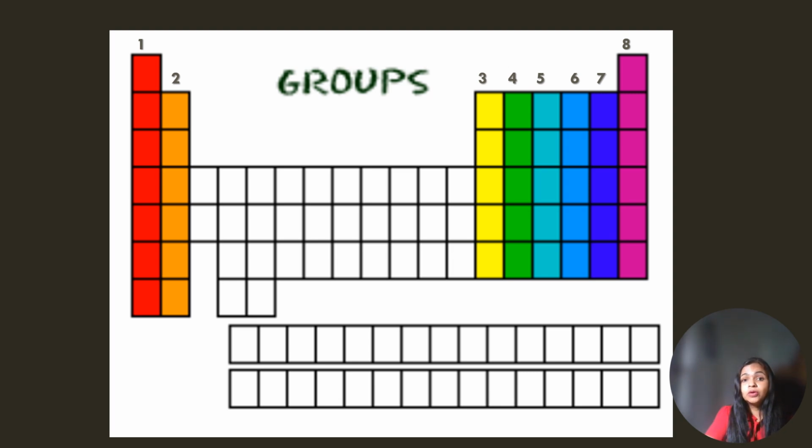The nitrogen family belongs to group 5A. All the elements will have 5 valence electrons. Then we have the oxygen family. All the elements present in this group with oxygen will have 6 valence electrons. Then a special group here, 7A, all the halogens, fluorine, chlorine, bromine, iodine, will all have 7 valence electrons.